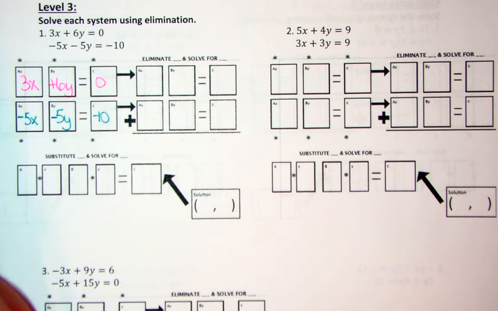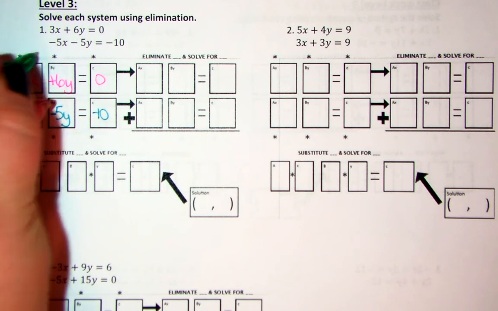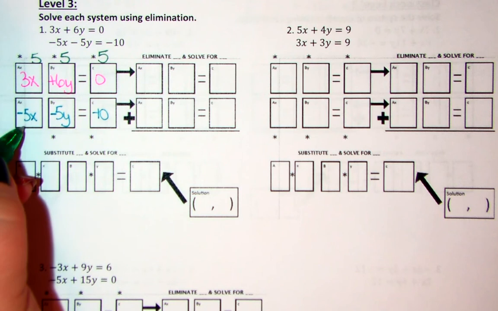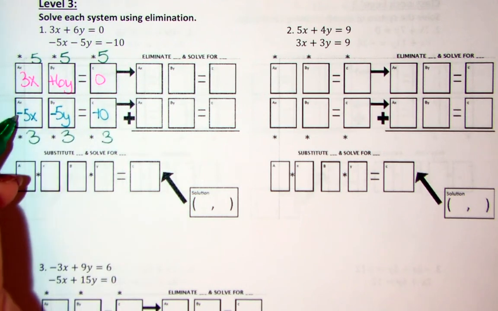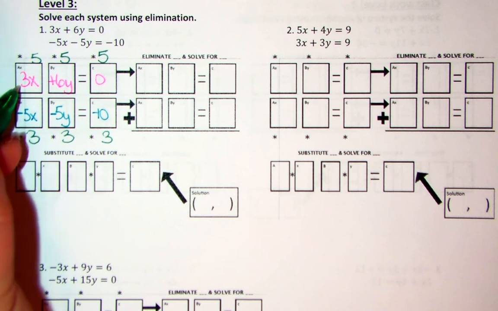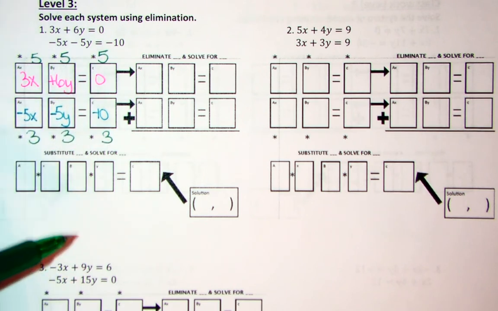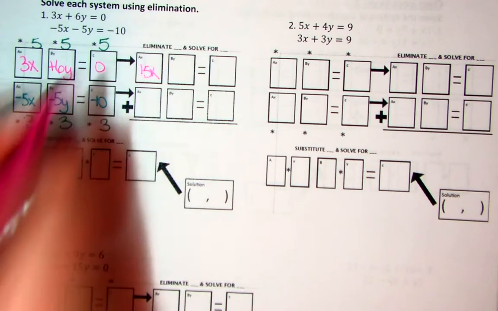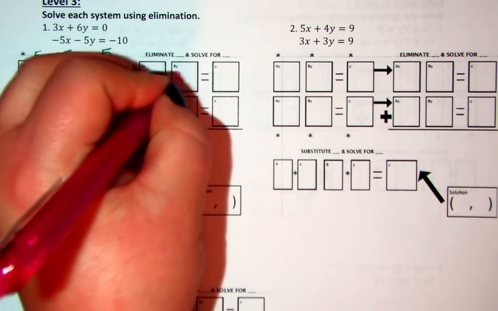So to get to 15, I'm going to need to multiply everything on top by 5. And to get to 15 on the bottom, I would need to multiply everything by 3. And I'm already set up to have opposite signs, so keeping these all positive is perfectly acceptable. 3x times 5 gives me 15x. 5 times 6y gives me 30y.